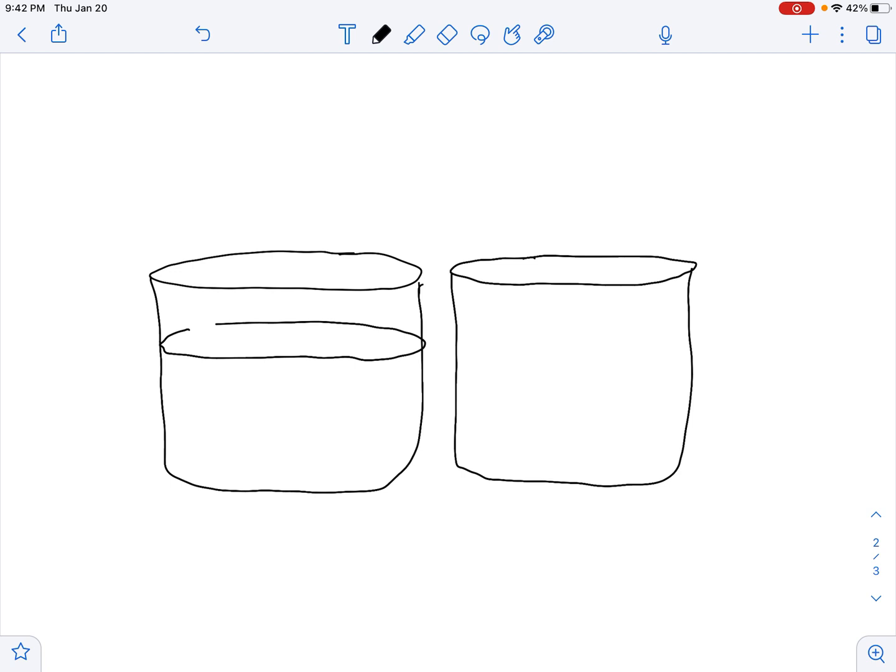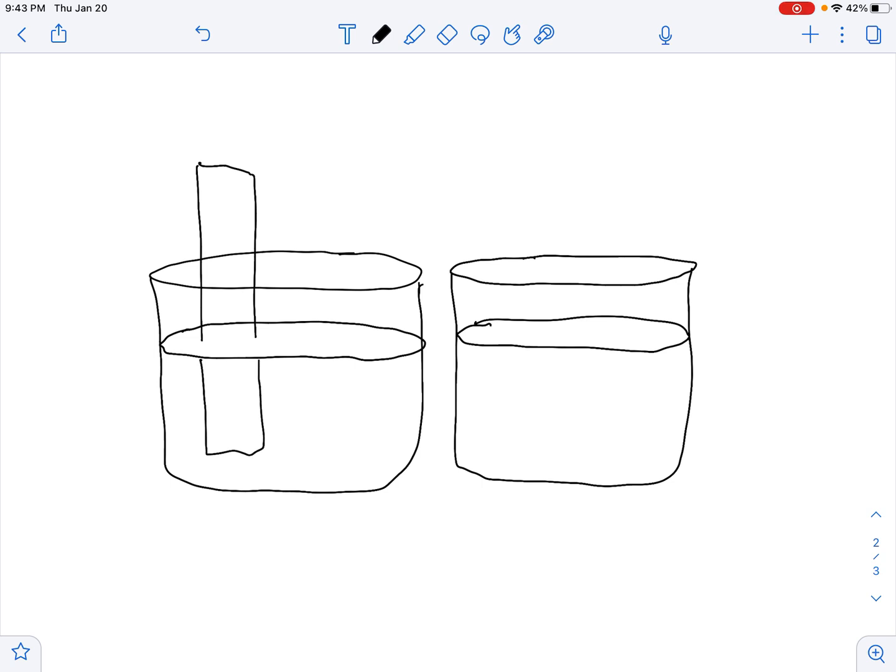You're going to have one beaker with a solution in it, and a second beaker with a solution in it. One beaker with a piece of metal in it, and another beaker with a piece of metal in it. That's the basic setup, without even knowing what the piece of metal is or what the solution is.